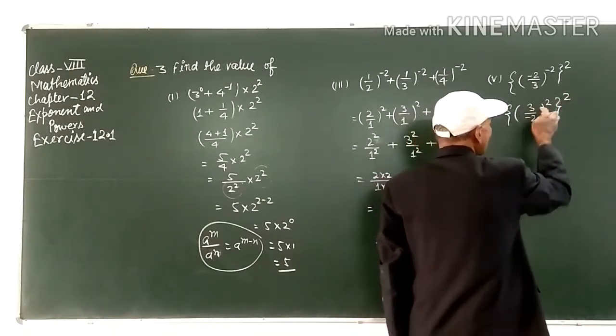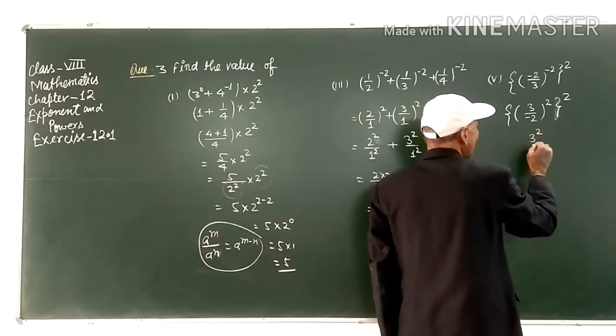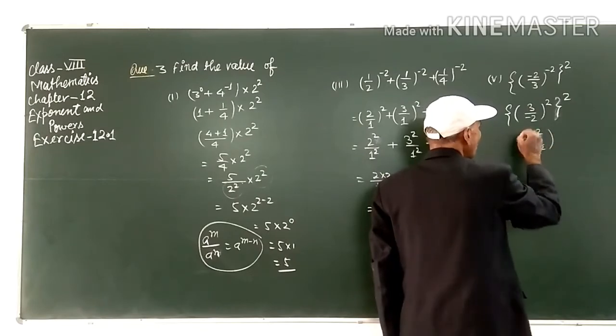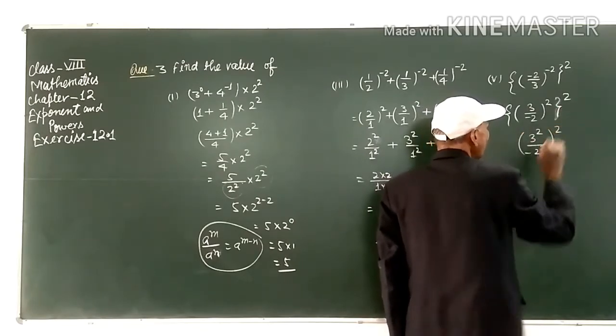Now this one will be 3/2 and this one minus 2 to the power 2 and this whole power 2.